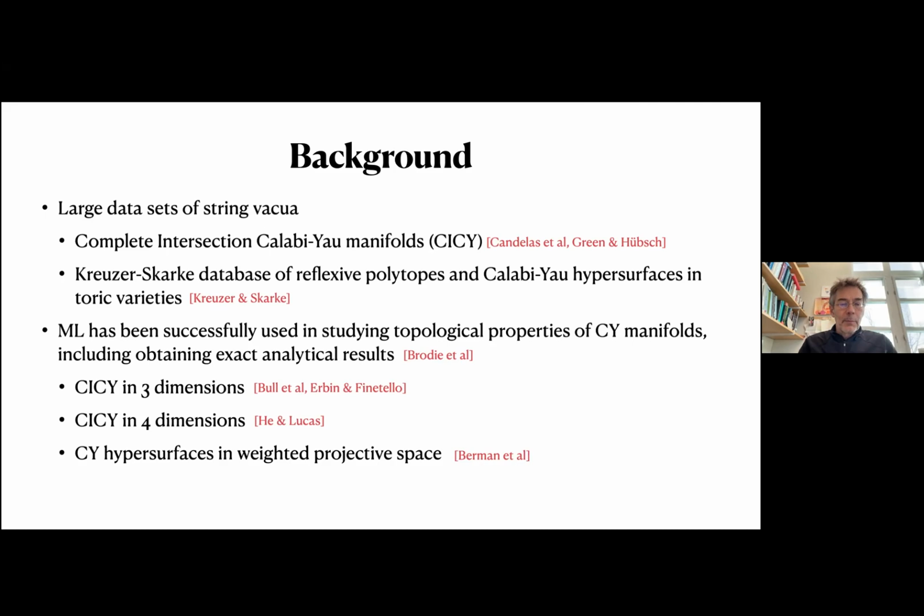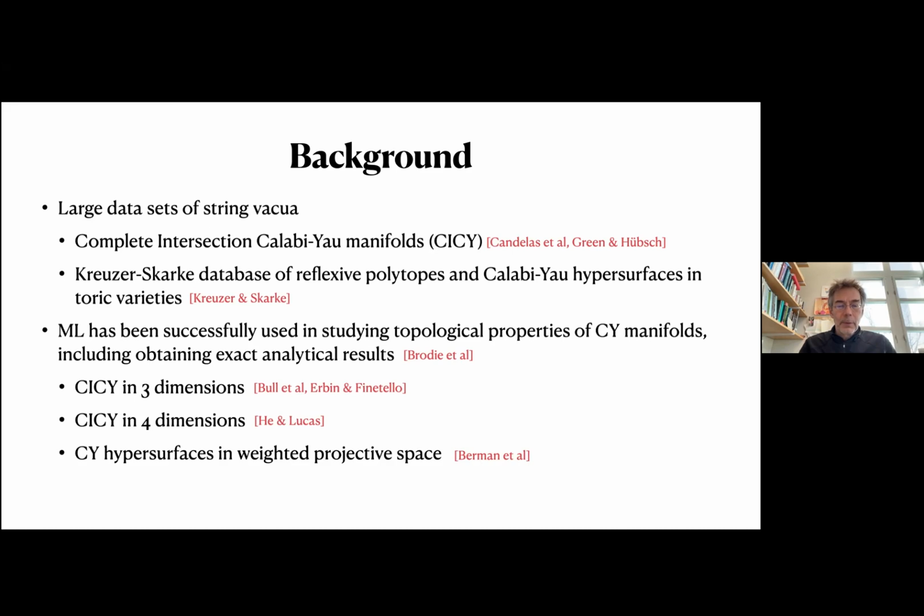This is a smaller class of Calabi-Yaus, of about 7,000 or so, but to very high accuracy, especially the work by Urban and Finatello, it's essentially close to 100% accuracy of calculating the Hodge numbers. And this has been extended to 4-dimensional Calabi-Yaus, also complete intersection Calabi-Yaus.